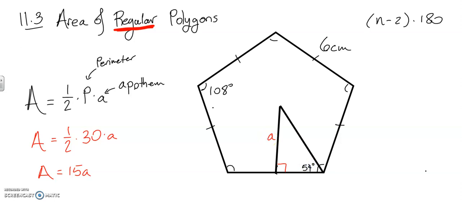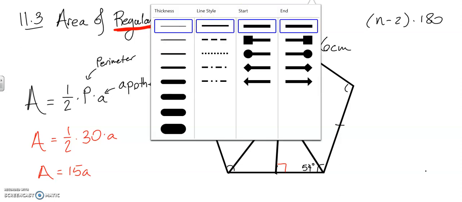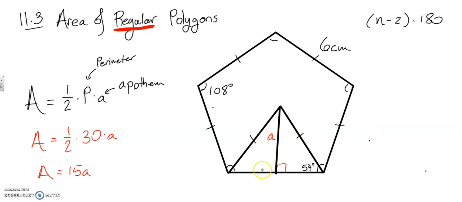And if I were to have drawn both radii, we get this lovely isosceles triangle, which means that you know that the base has been bisected. So each of these is 3.